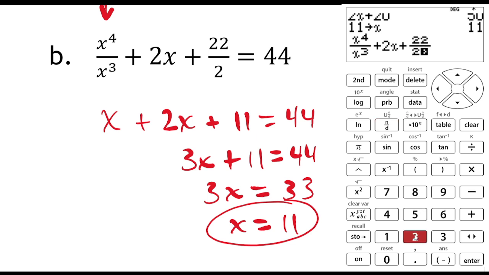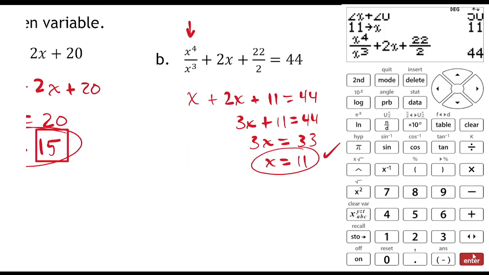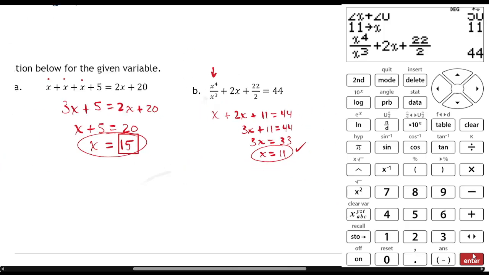Give it to us. We're looking for the number 44, and we got 44. So clearly x is 11 is the correct value because it makes both the left-hand side and the right-hand side equal 44. So that is our solution to B.